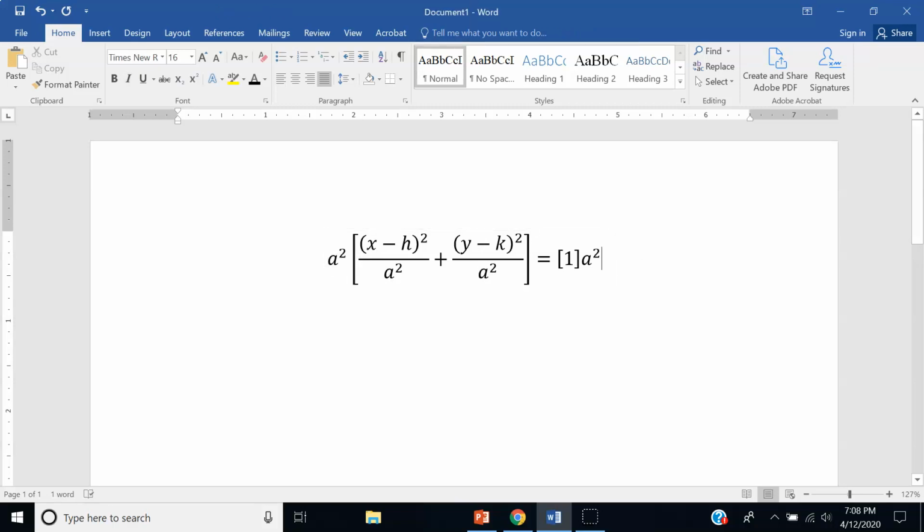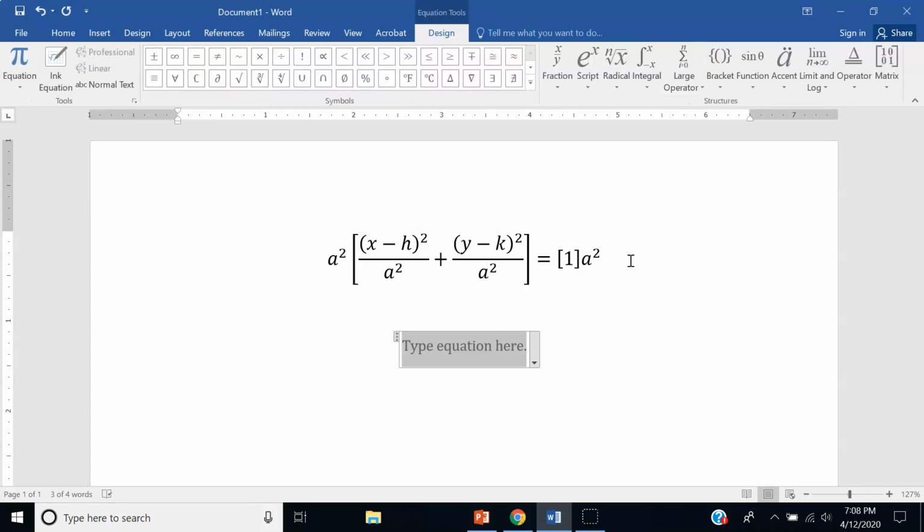And so what we would end up with on the left-hand side is (x minus h) quantity squared plus (y minus k) quantity squared. So in other words, the denominators go away. And on the right-hand side of the equation, we just end up with a squared.